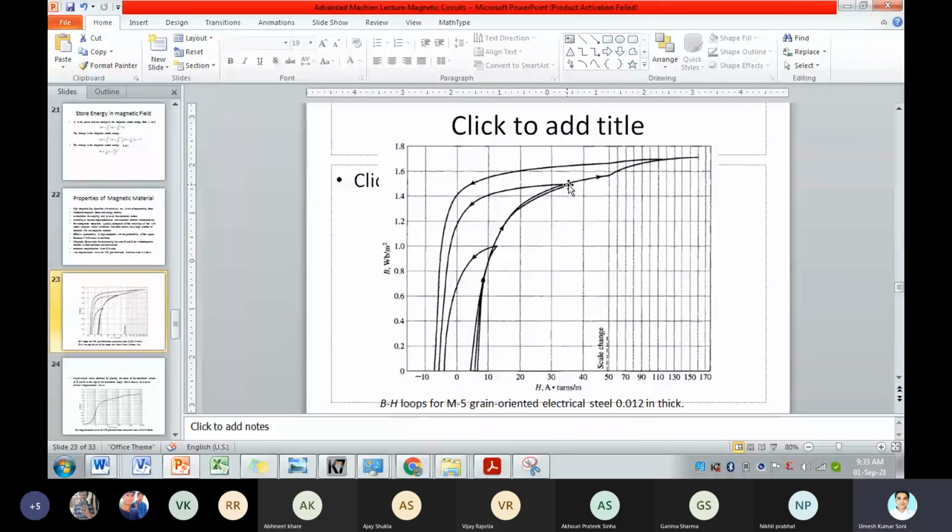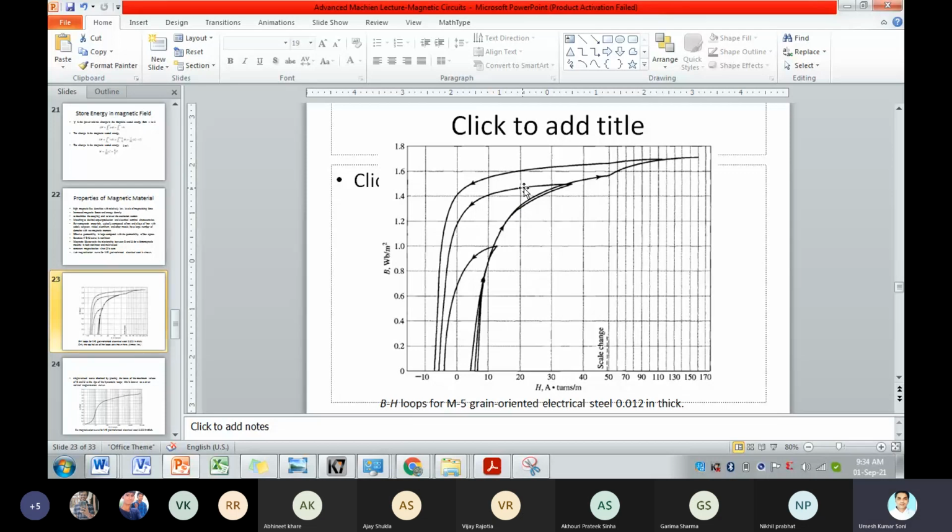So then what will happen, the flux density will keep constant for some time. Even during the increasing it had the value of 1.3, but it will reduce to approximately 1.45 at the same value.